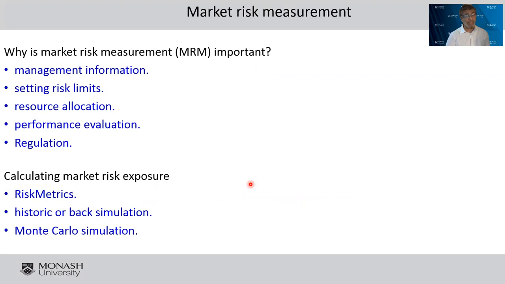Now, why is it important to study market risk? Of course, we need management information, but we also have to set risk limits. For example, we can shift our portfolio based on the risk, and we can also decide when we sell and when we buy. If you have good market information and you know the risk exactly, take for example some type of stocks.